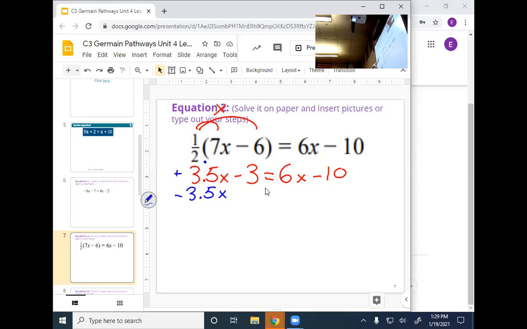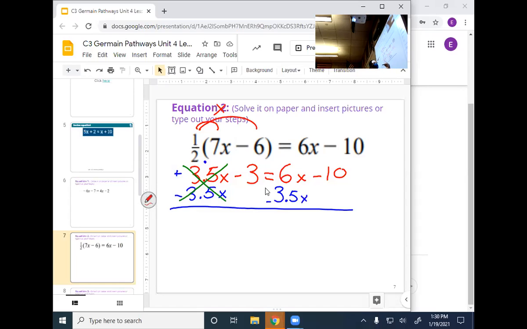What do I have to do now? Yes, what I do to one side, I have to do to the other side. So I'm going to subtract 3.5x on the other side as well. Okay. These cancel out. I'm left with how much? A -3, right?